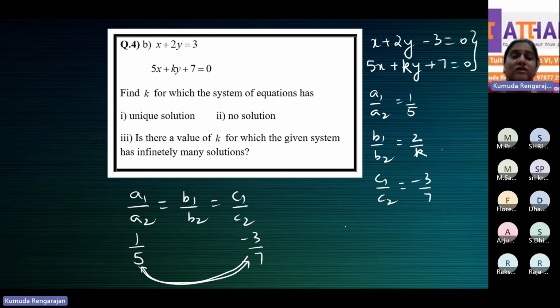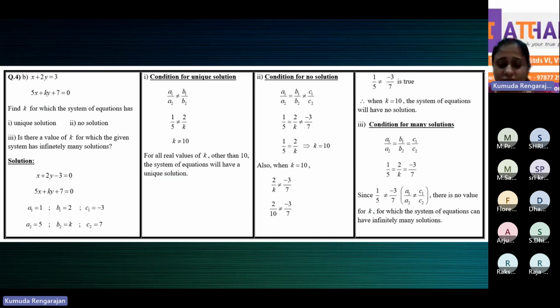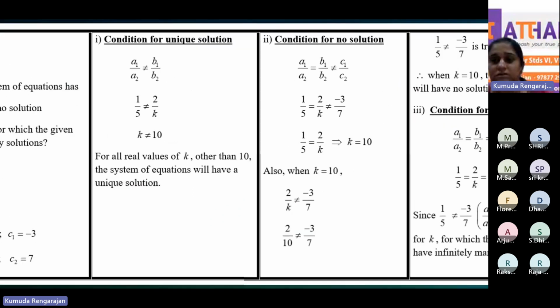But straight away, A1 by A2 is not equal to C1 by C2, and no value of K can change the situation. Is there a value of K? There is no value of K. But you have to work that, so you can see the working here.